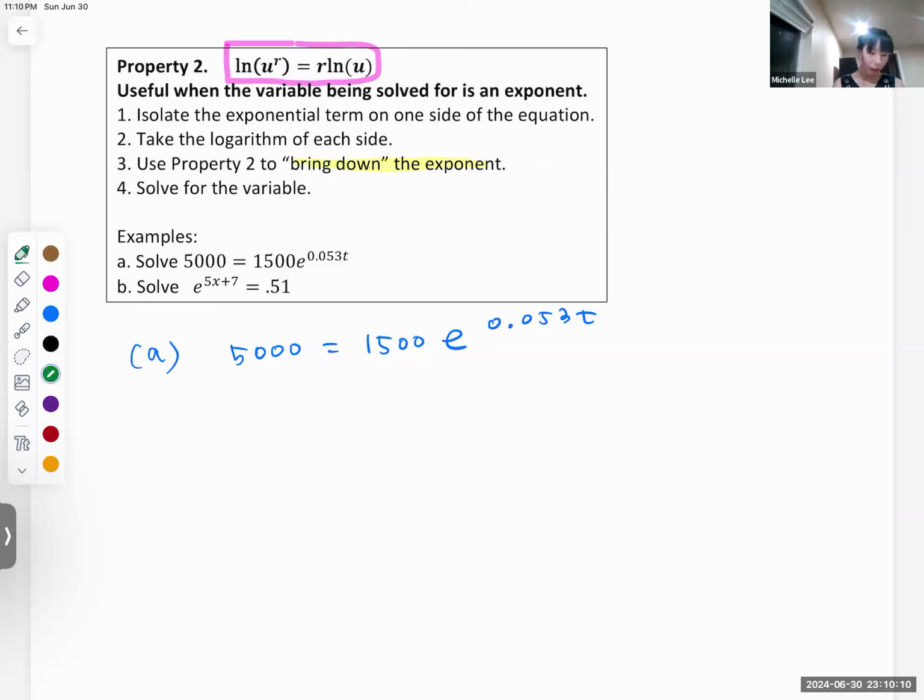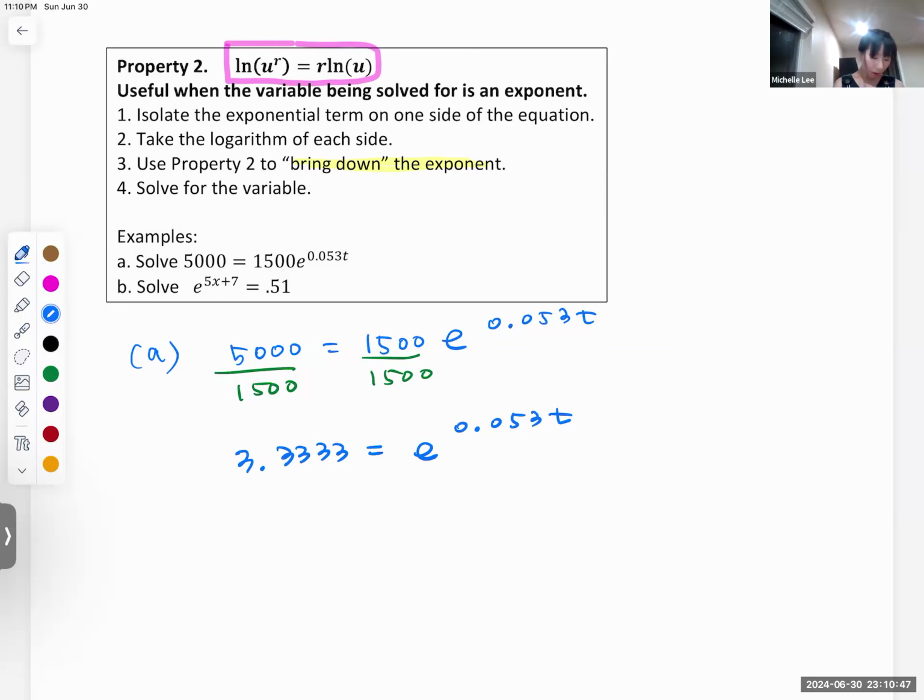We need to divide by 1,500 on both sides. Then we have 3.3333 equal to e to the 0.053t. t is the exponent and we want to bring it down. In order to bring down t, we take the natural log of both sides.